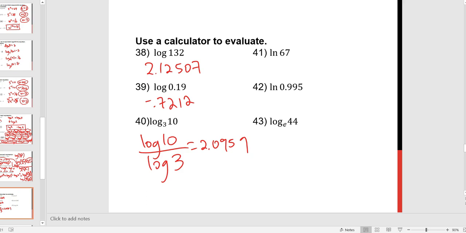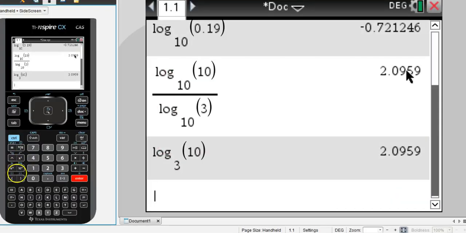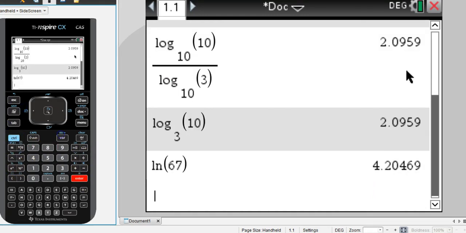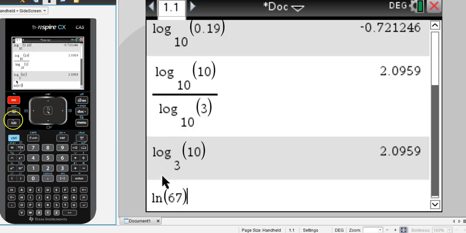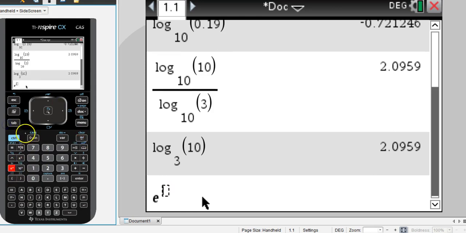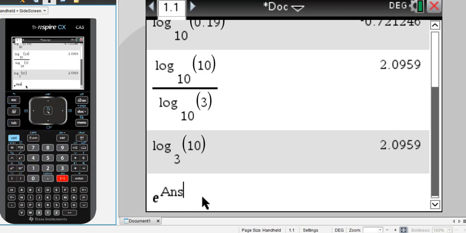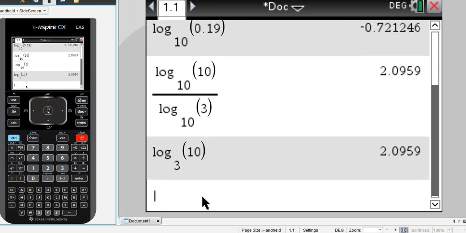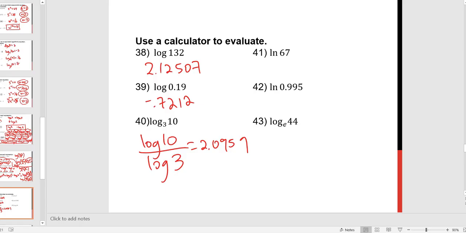Natural log of 67. And remember, I can check this because this is log base e. So I can basically say e raised to that answer should be 67. Let me find it again, natural log of 67.